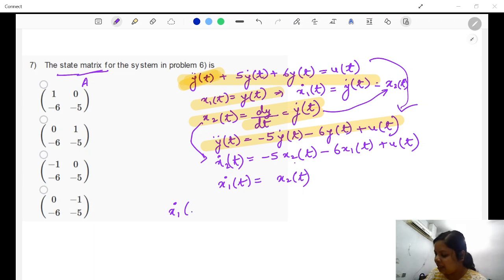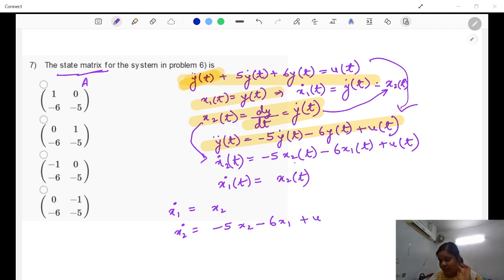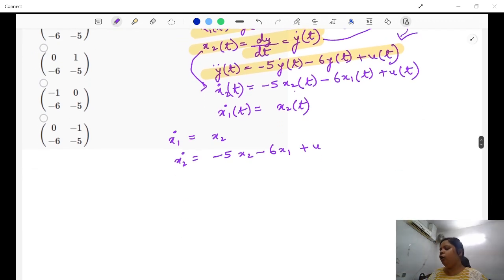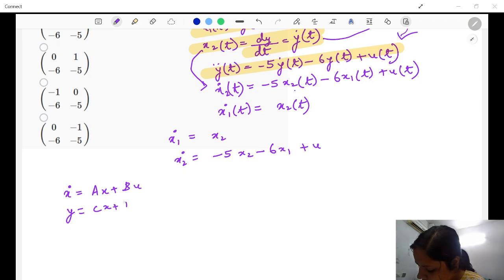For clean solving, I'll remove t, assume t to be everywhere. X1 dot is equal to x2, and x2 dot is equal to minus 5 x2 minus 6 x1 plus u. Now we want to arrange this in the form x dot is equal to Ax plus Bu, y is equal to Cx plus Du. I want to arrange everything in this form.